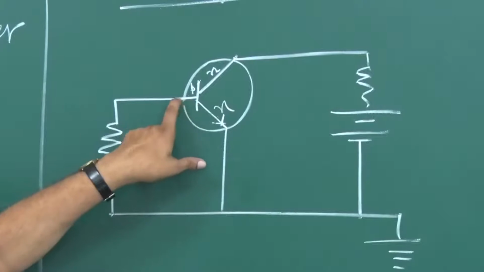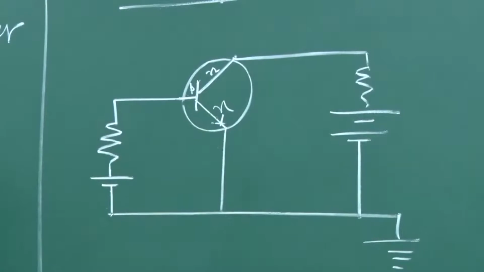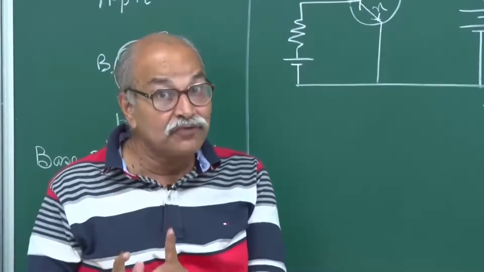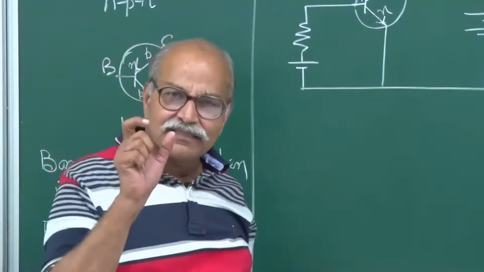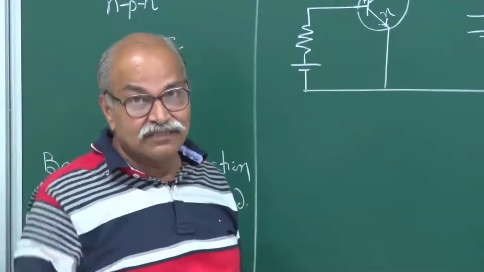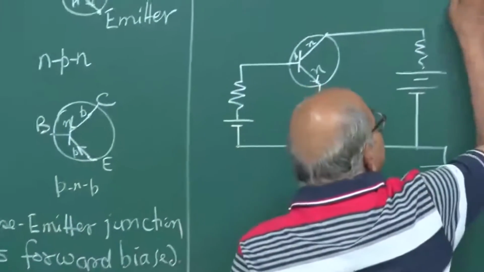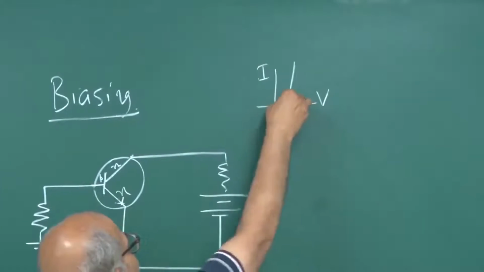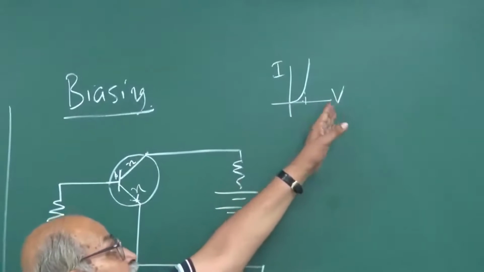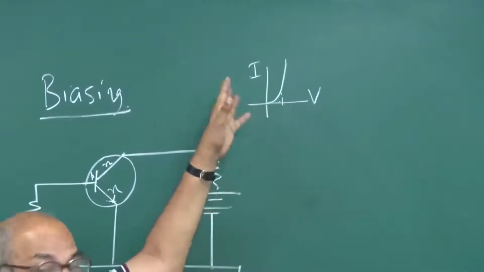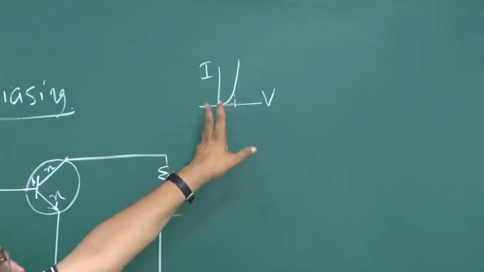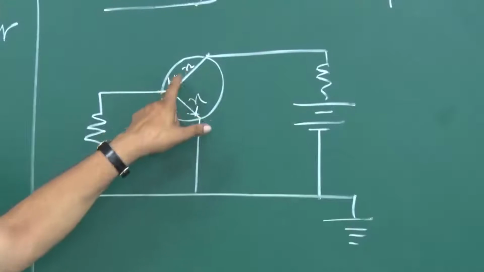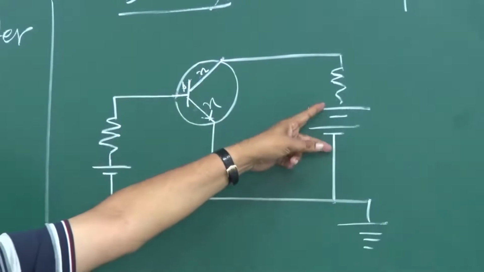You remember, in a forward biased PN junction, the voltage appearing across the junction has a certain value, because after that current shoots up exponentially. So it's like this, that current voltage characteristic. So you have a voltage beyond which you really cannot go, and for silicon it has to be less than 0.6 volt or so, that knee voltage, etc. So that drop is there, so take care of that, and then this should be reverse biased. So that much cell should be here.